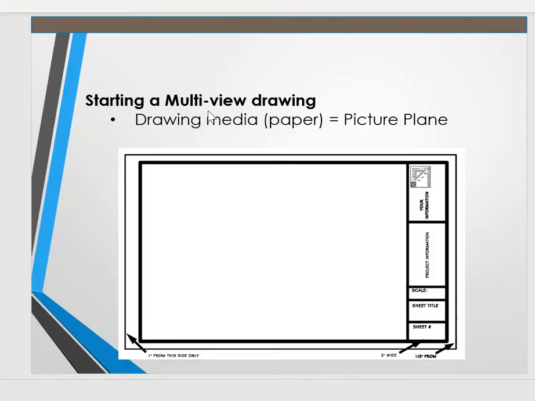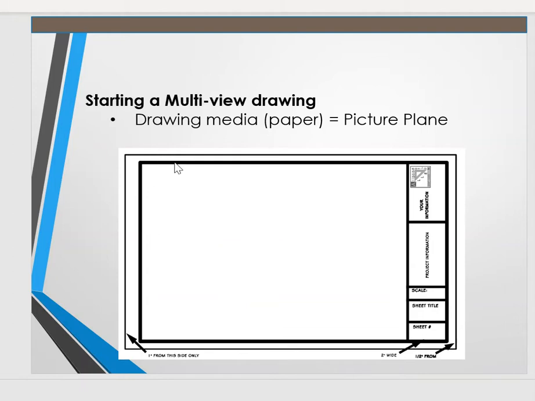Now, that is another word: the actual medium, the piece of paper, is actually the picture plane. What that stands for is the area you can draw on. That's the picture plane. Now, picture plane also has to take into consideration the title block all around it. So you wouldn't start drawing on this piece of paper going from edge to edge.